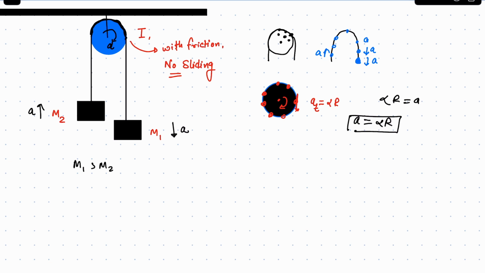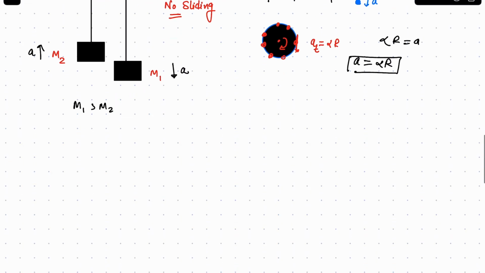Okay. Now let's go to the object. If I take the first object, here is m1. How do we calculate the motion? First we need to do the FBD of this object. The forces acting on m1 are m1g, the downward gravitational force, and the tension force T acting upward, and it is accelerating down with acceleration a.